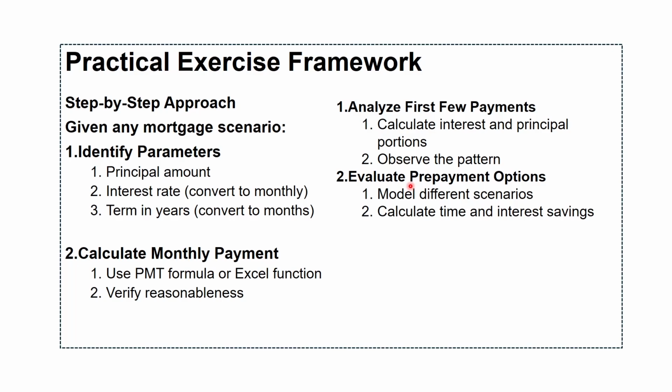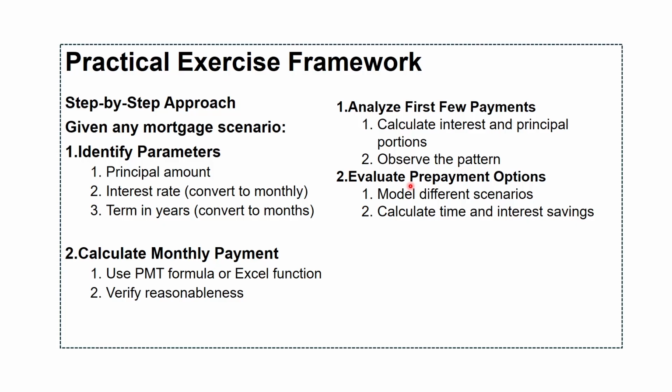Then let us have a practical exercise framework here. So, a step by step approach. Given any mortgage scenario, identify the parameters: principal amount first, interest rate, convert to monthly, then terms in years, convert to months.